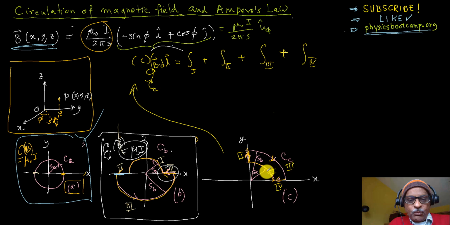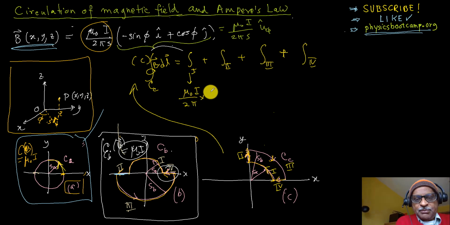Okay, so for 1, it's going to be almost like that, but we're just going up to here, and we are going counterclockwise, right? So if I go counterclockwise, I'm going from 0 to pi over 2. So the 1 should be equal to mu naught I over 2 pi times pi over 2. This part should give me 0 as before.